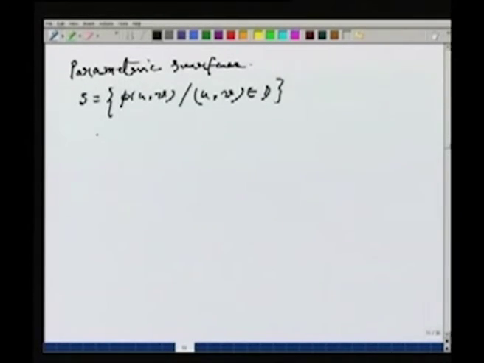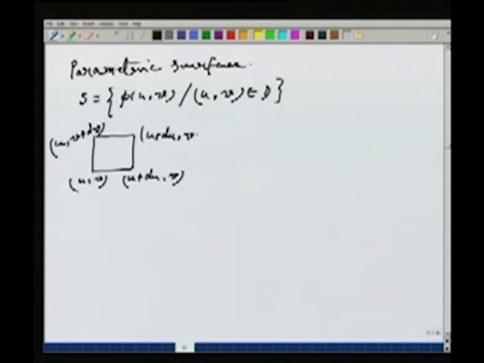Again I start with some infinitesimal rectangles which look like this. The points are (u,v), (u+du, v), then (u, v+dv), then (u+du, v+dv). Okay. This goes by phi to a curved surface, to a curved rectangle.